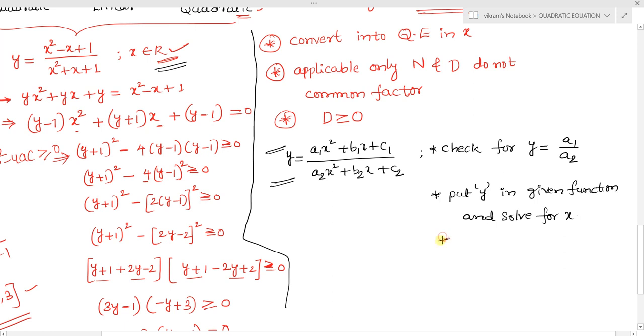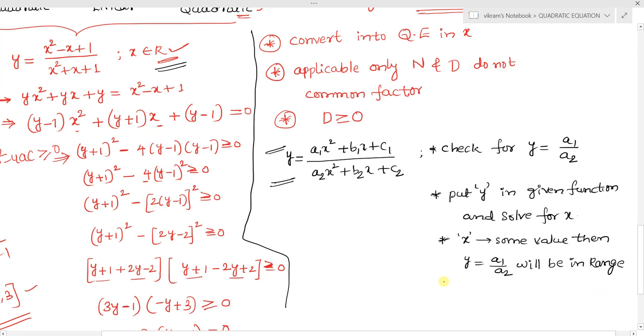After solving for x, if some value of x is obtained, then y equals a1 by a2 will be in our range. It has to be present in our range.